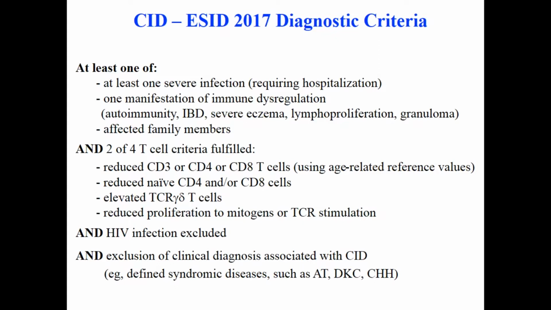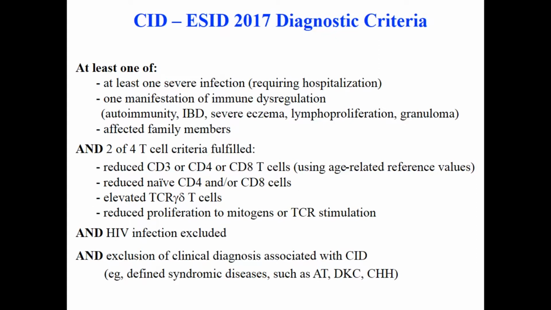And then on top of that, at least one of those, and then 2 of 4 of T-cell criteria, which are similar to those that I showed you that a PIDTC has developed for the typical and atypical SCID. So reduced T-cell number, but in this case not just CD3, can also be just CD4 or CD8 positive T-cells, lower than normal.